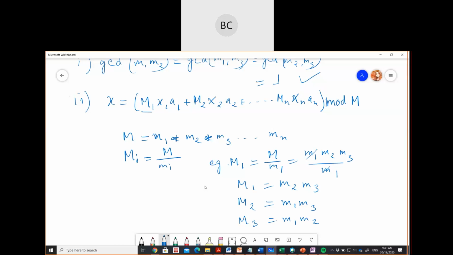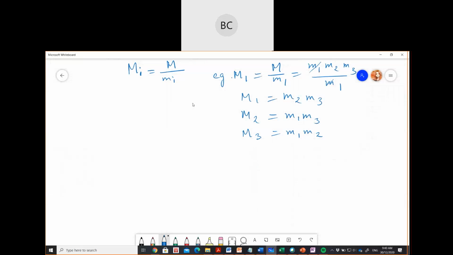This expression you can also make small by writing the summation of Mi Xi Ai. So these are the things you need to find out.